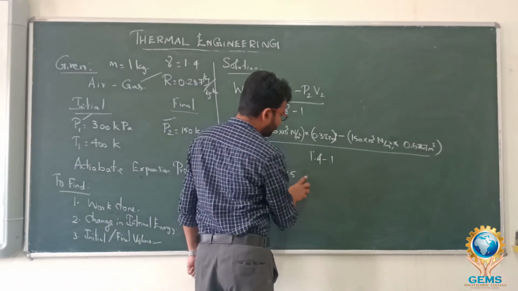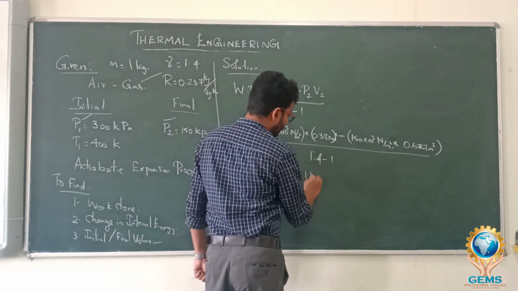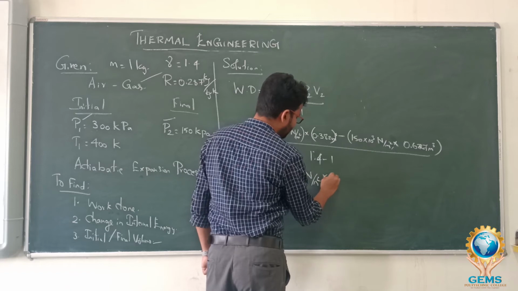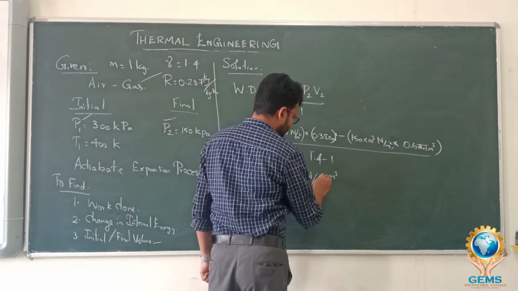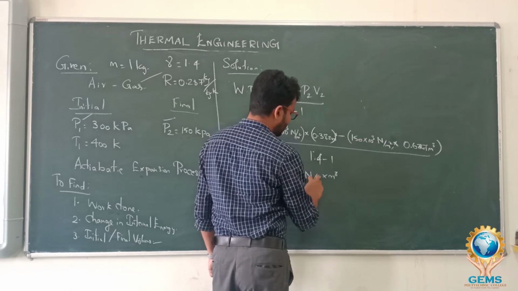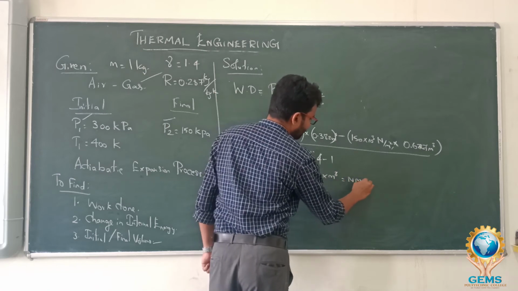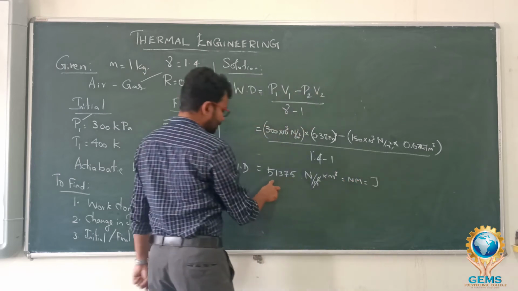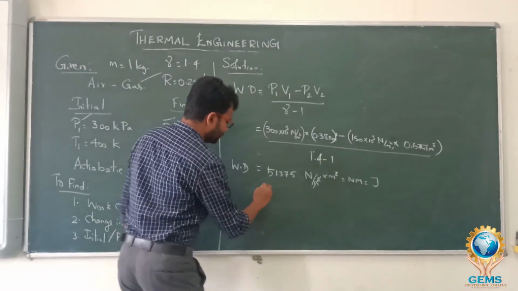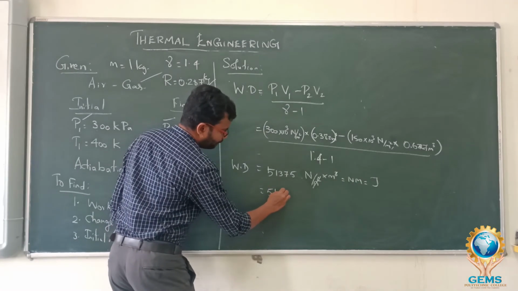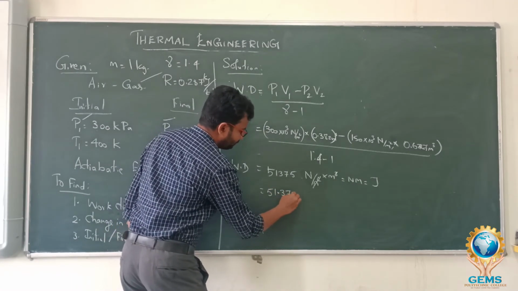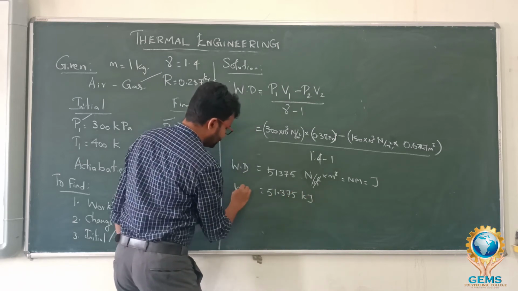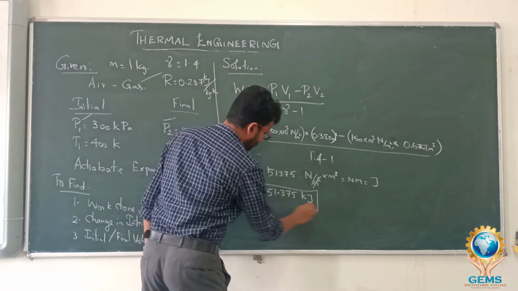The unit here is Newton per meter square into meter cube, so meter square and meter cube cancel, and finally you get Newton meter, which is joule. That is 51375 joule. We can rewrite it as 51.375 kilojoule. This is the work done.